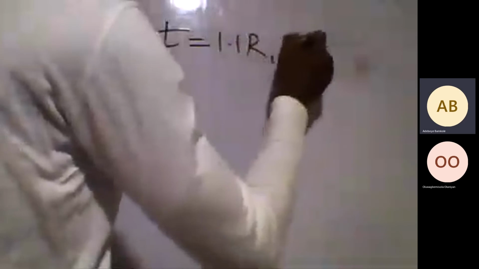So the formula for your monostable is T equals 1.1 R1 C1. That's all. This determines the duration for which it goes low, to its non-stable state, before it returns back to its normal state.